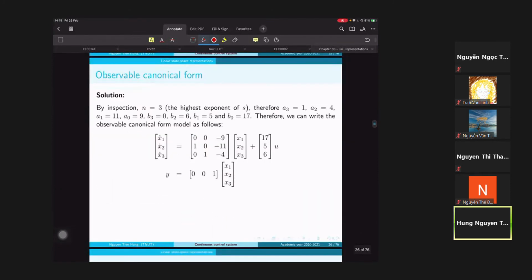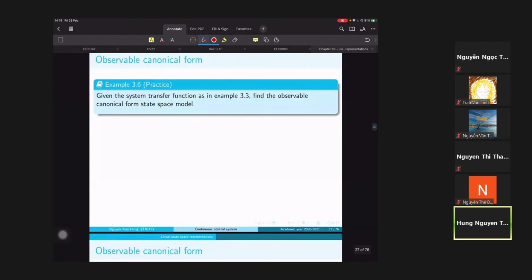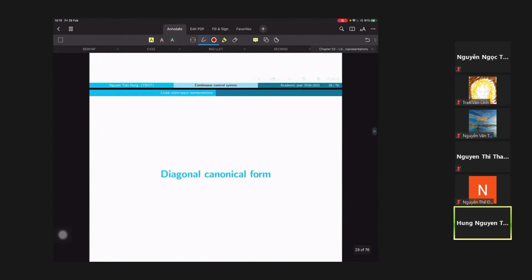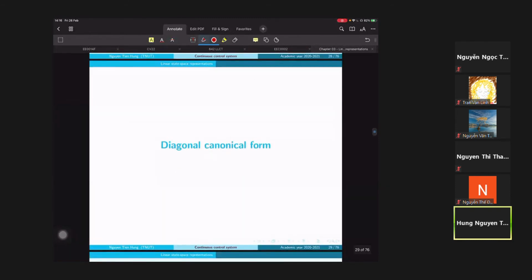Now we move to the next form. Sometimes when we solve the state space equation, we need to calculate the transition matrix. If you still remember, we have the transition matrix e^(At).